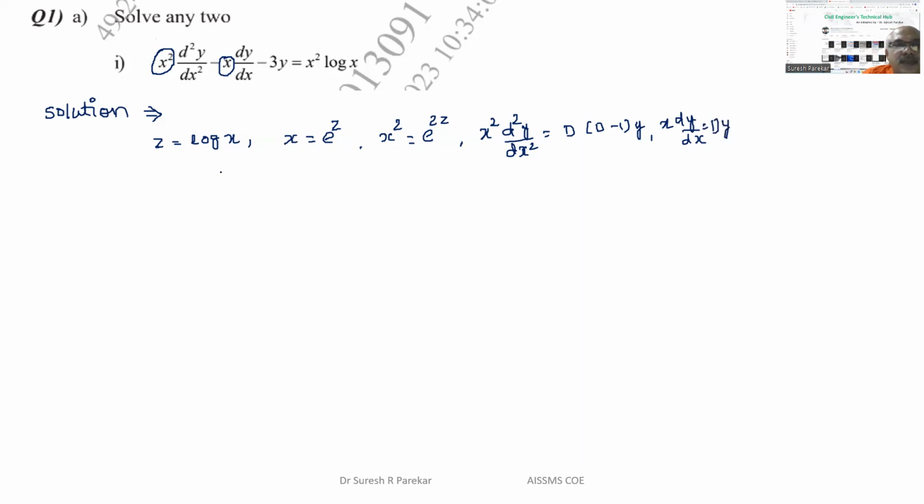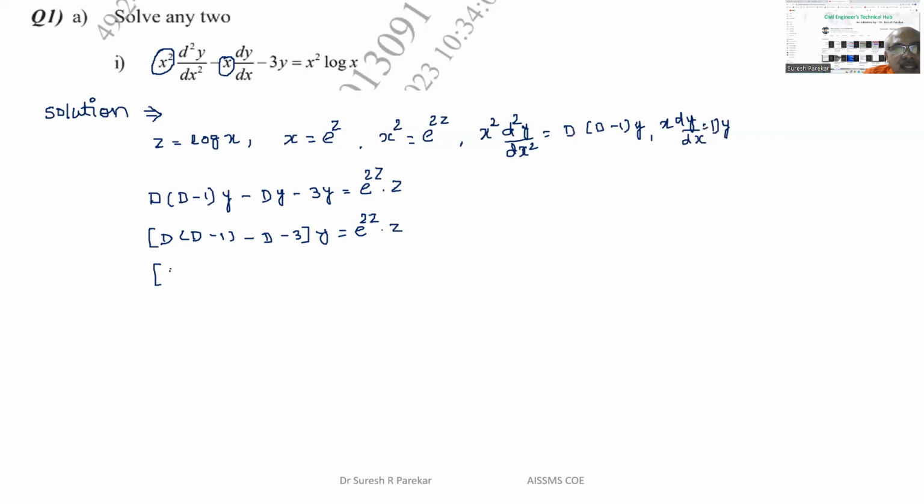So we will substitute these values, and from this we will get the equation D into D minus 1 y minus Dy minus 3y, equal to x square is e to the power 2z and log x is z. Then we will take y outside, and we have D in bracket D minus 1 minus D minus 3 into y equal to e to the power 2z into z.